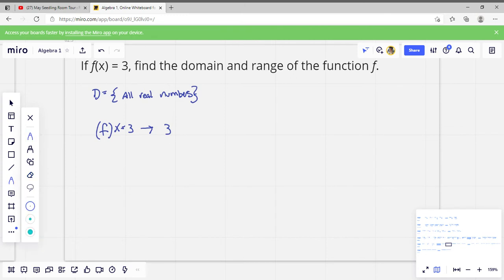Once we put it through that function, it's always going to equal 3. So our range equals 3. Actually, yeah, you put it in the little set signs. So our range is 3, and our domain is all real numbers.